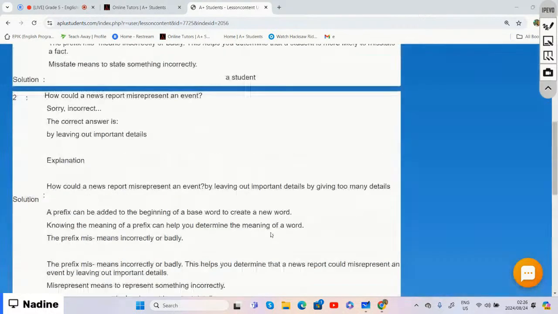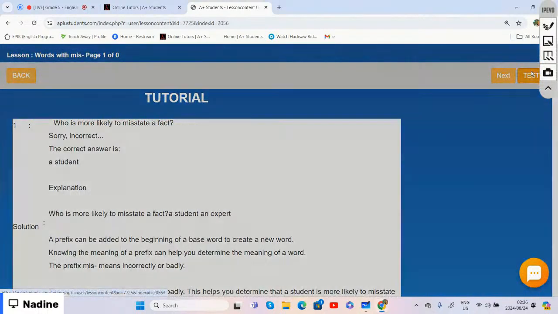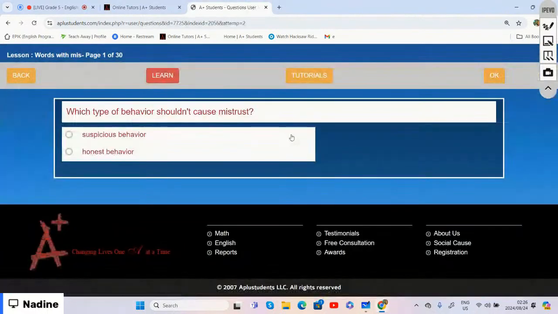All right. So now we're going to our test. We now need to say which type of behavior shouldn't cause mistrust. Is it suspicious behavior or honest behavior should not cause mistrust?